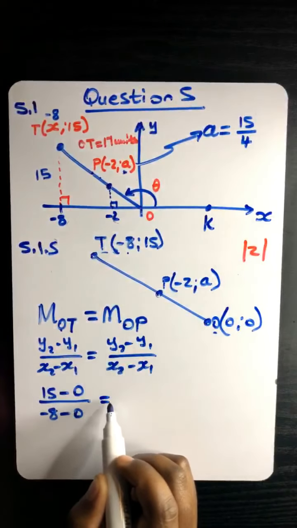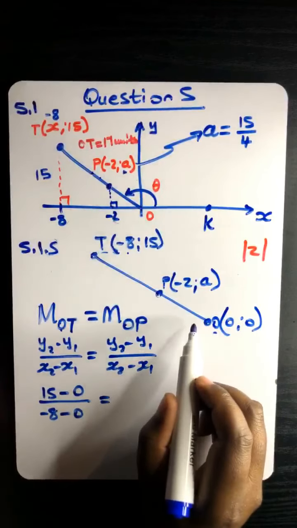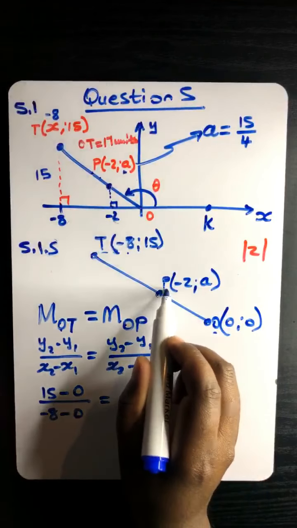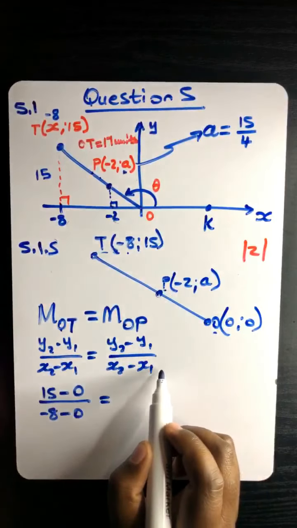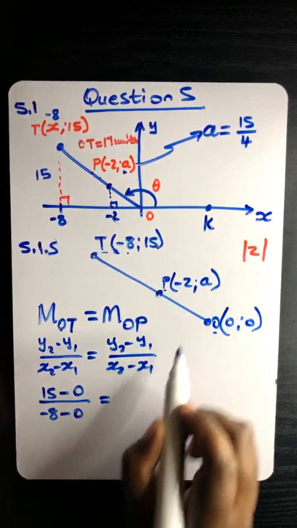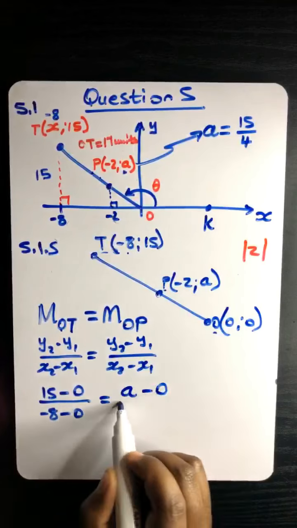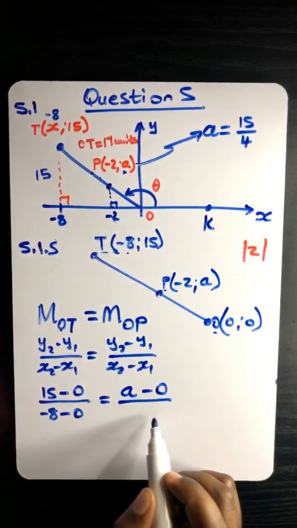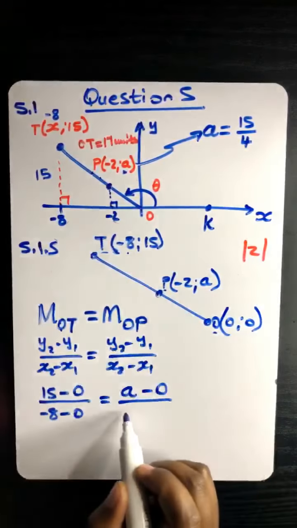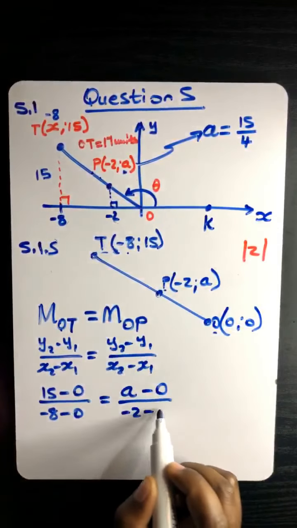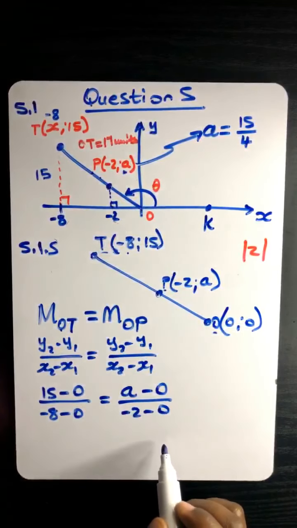This being equal to, let's say p is the second values. So we have y2 being a minus 0 over, what is x2? x2 being negative 2 minus 0.